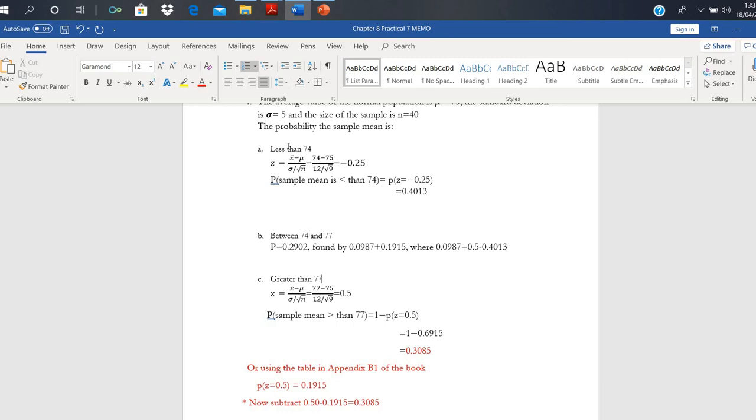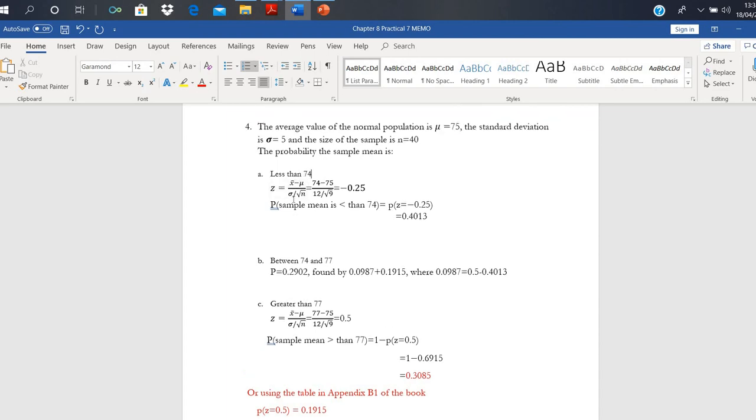So for the probability of the sample mean to be less than 74, we just replace everything in the Z formula. We have 74 minus 75, which is the population mean, divided by the standard error, 5 over square root of n, and you have minus 0.25, which is a negative value. And now we can find the probability associated to a Z value of minus 0.25.